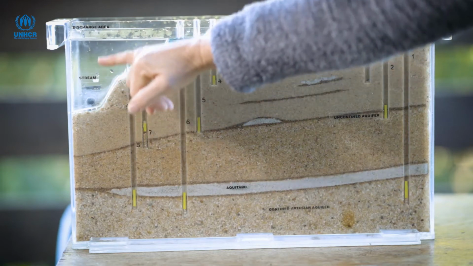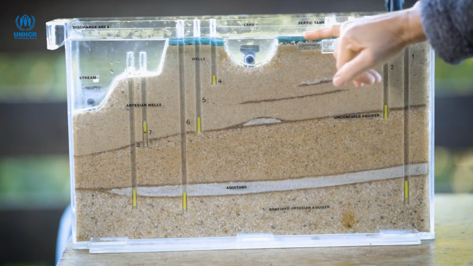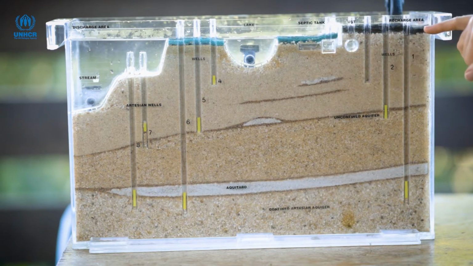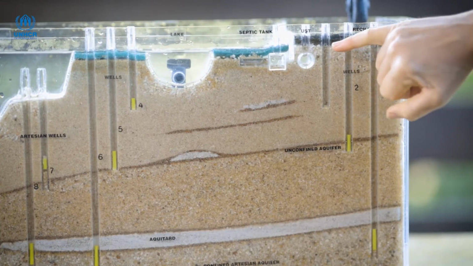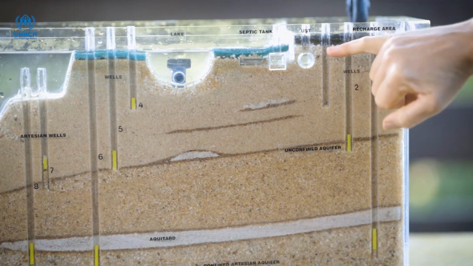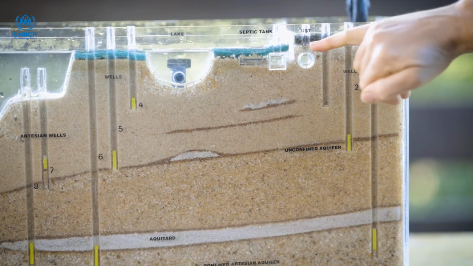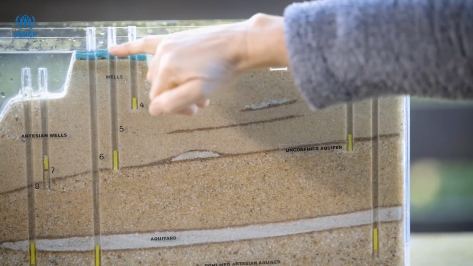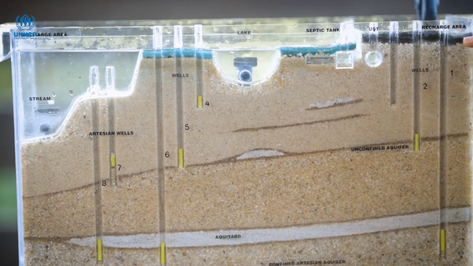In this area we can see a lake, and the water level goes all the way through and is completely stable. It is difficult to see since it's transparent, but we can go and look inside each of the wells and see at which altitude the water level is, and we can measure that everywhere, and we will see that it is just a horizontal plane.